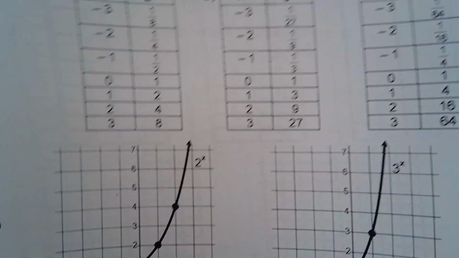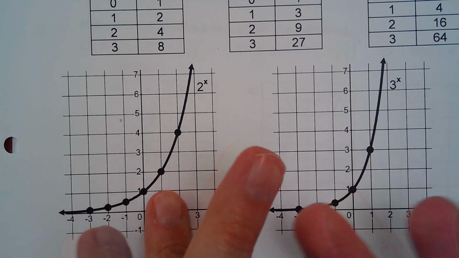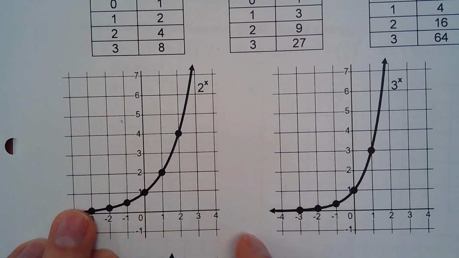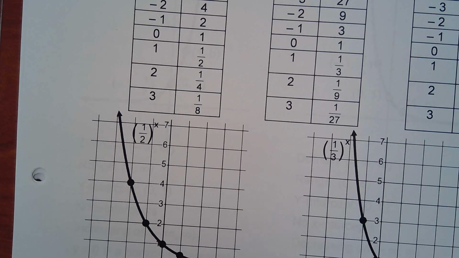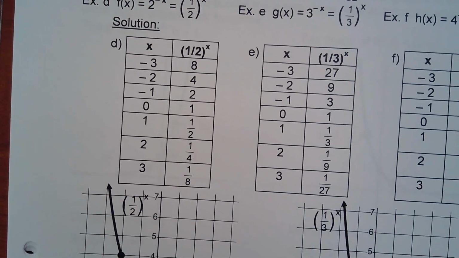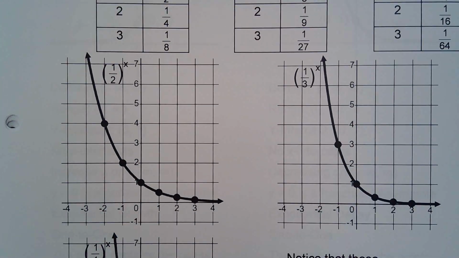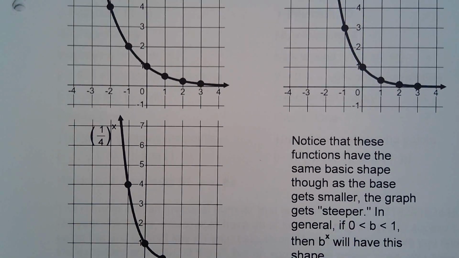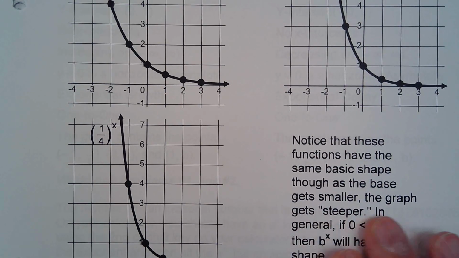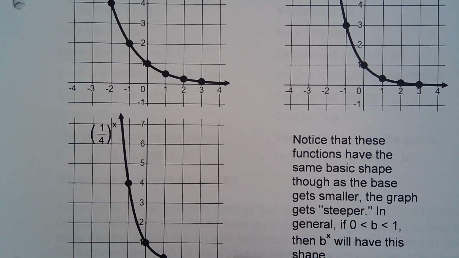So all my pictures I have here should be flipped over like that for each one of these. Sure enough, if you do the table of values and plot the graph, that's exactly what you get. So notice here that these functions, when my base is between 0 and 1, they have the same basic shape.